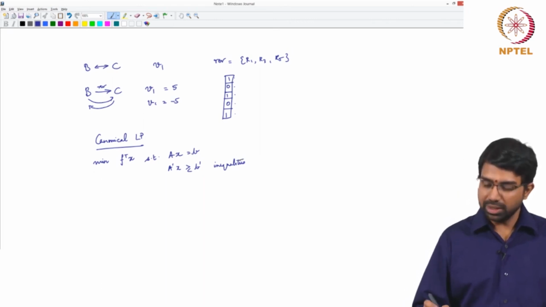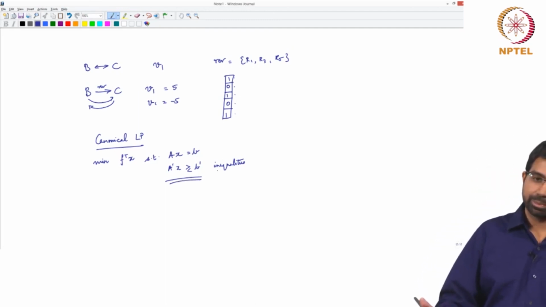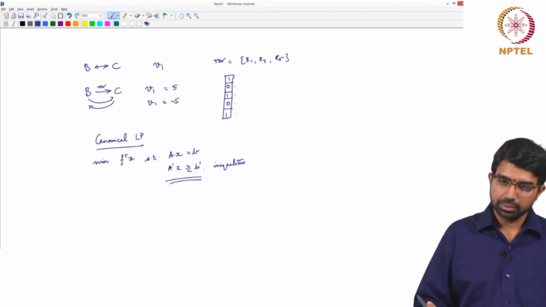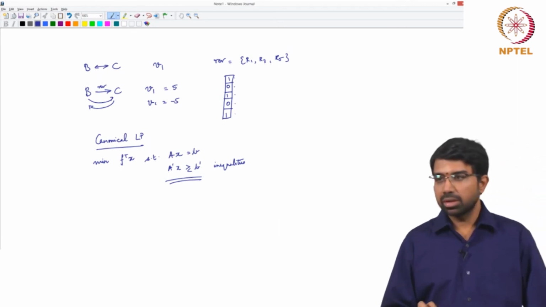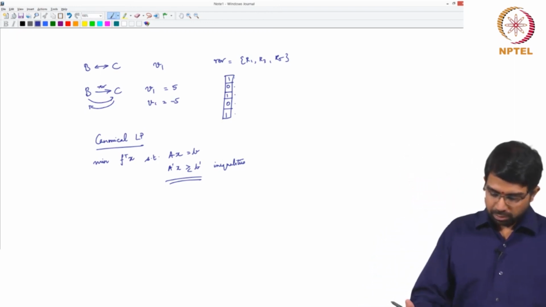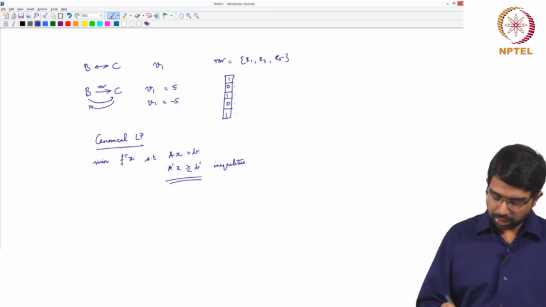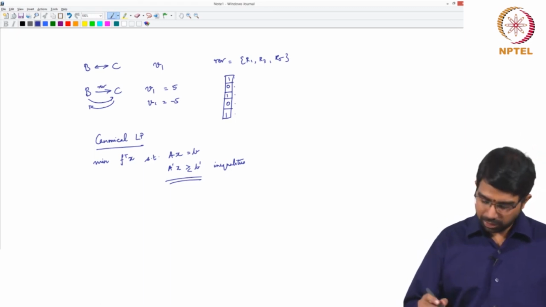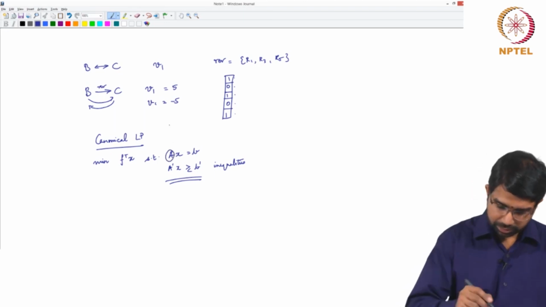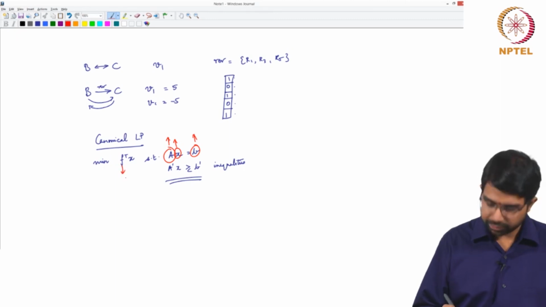This is an equality constraint, you can have inequality constraints as well, right. This will be a proper linear program. Now, if you map it back to our system, what is A? What is B? What is X? What is F?